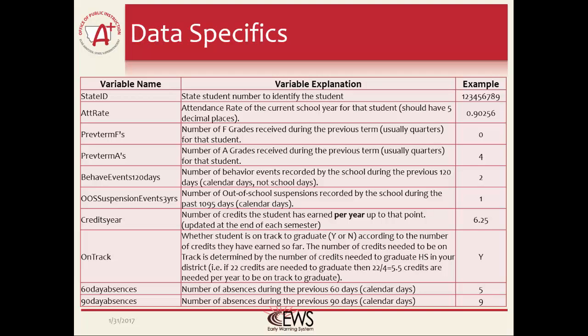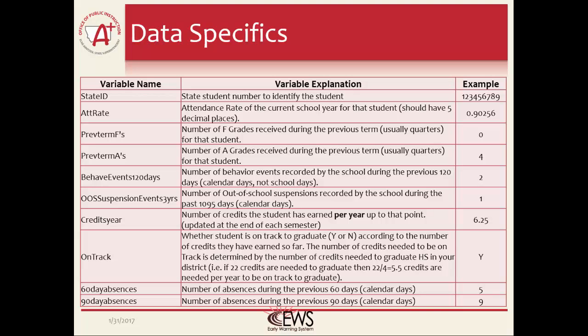On track is a variable to determine if a student is on track to graduate based on the number of credits they have earned. This variable is just a yes or no variable. On track does not take into effect what those credits are, just the total credits. So, a student missing an English class could potentially be marked as on track.